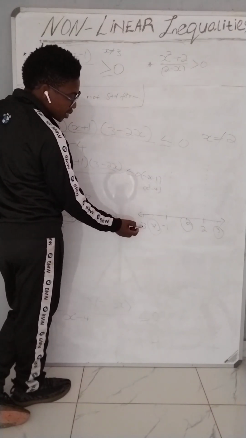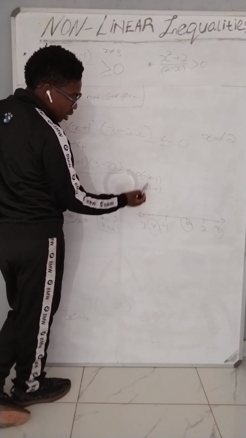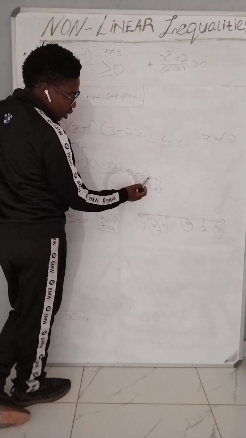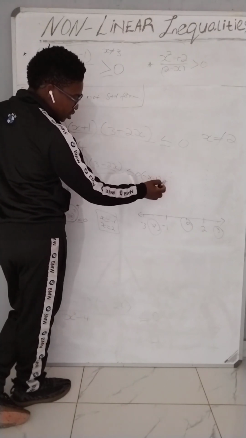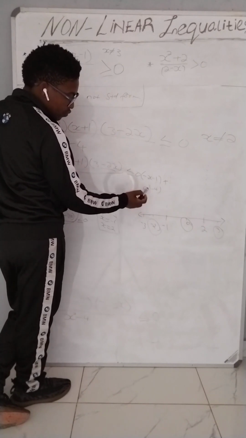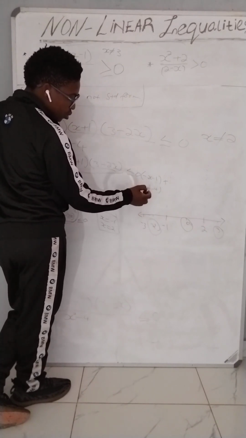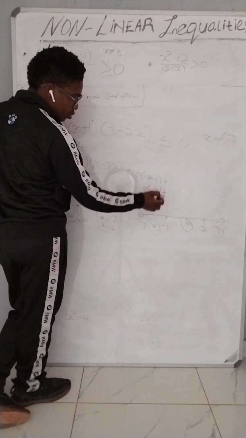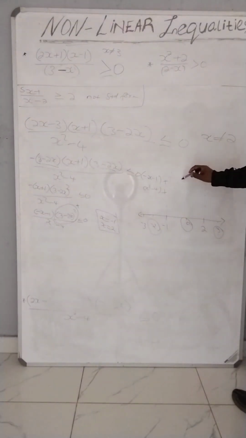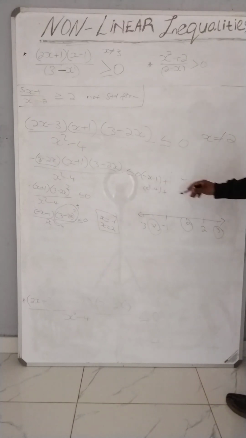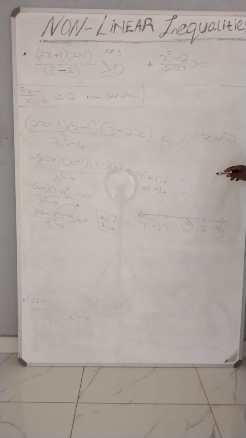If we put minus 3 here, it will be positive 3 minus 1, which is positive. And if we put negative 3 here, we'll have positive 9 minus 4, which will be positive. If we put 0, you'll have a negative there. If you put 3, you'll have a negative there, and if you put 3 here, you'll have a positive there.